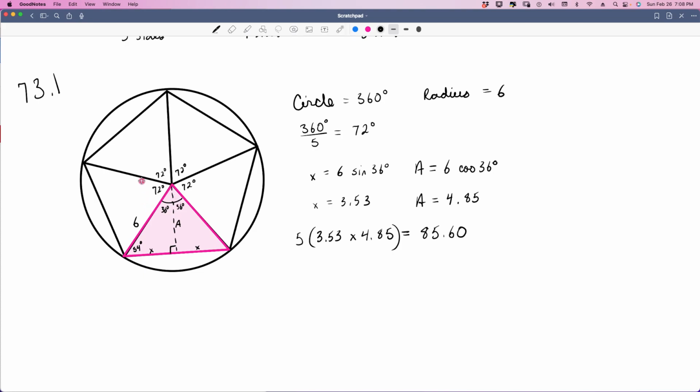So however many triangles, which is however many sides the shape has, we're going to divide 360 degrees, and that is going to be the central angle of your triangle, or the angle at the vertex in the center of your shape. So for instance, this is a 5-sided shape within a circle. So we say 360 divided by 5. Each one of these angles here is 72 degrees.